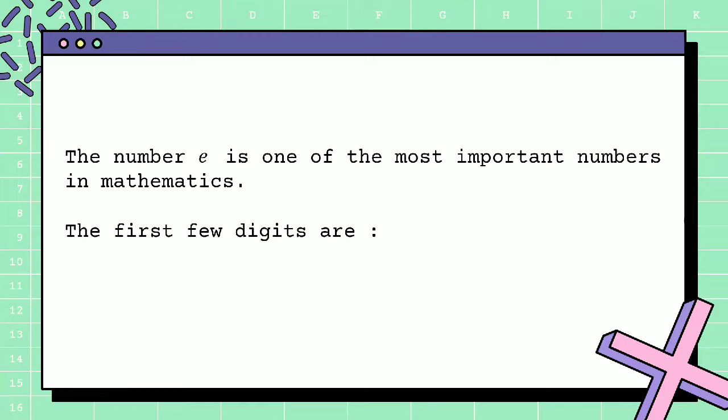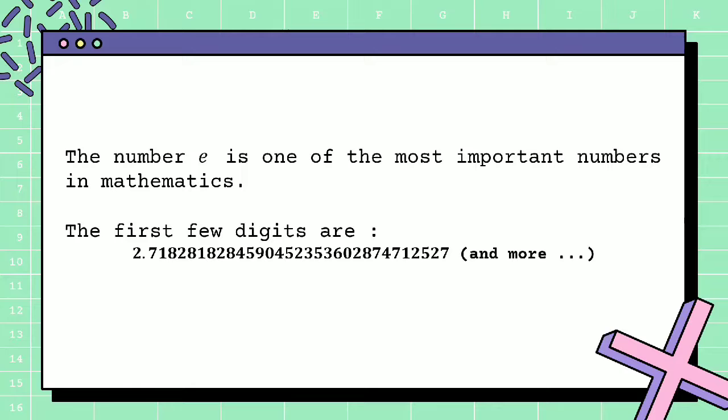The first few digits are 2.71828459045235602874712527 and more.